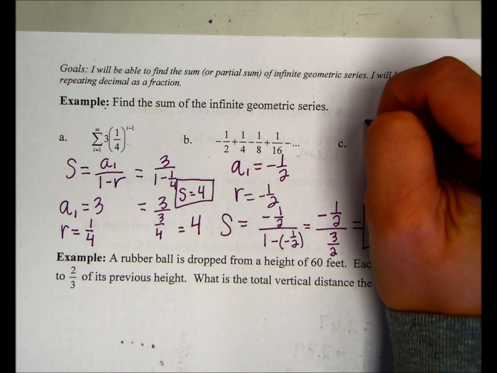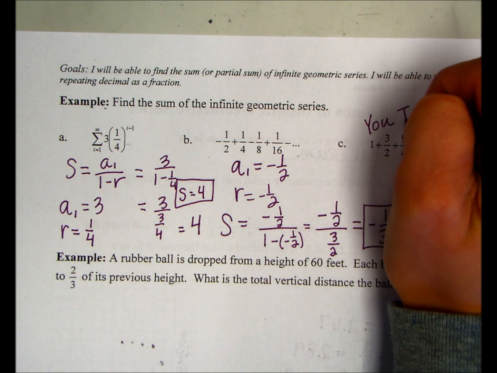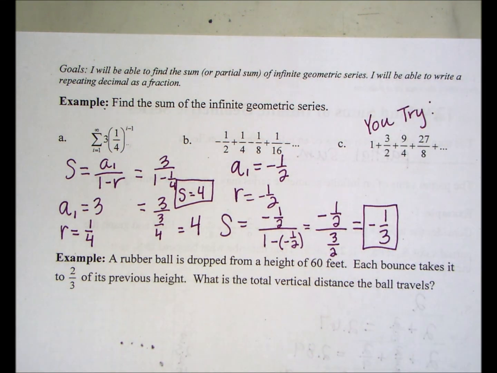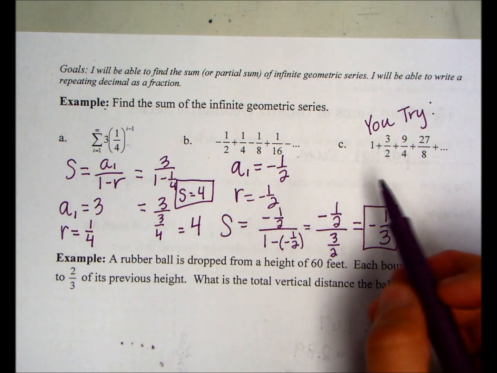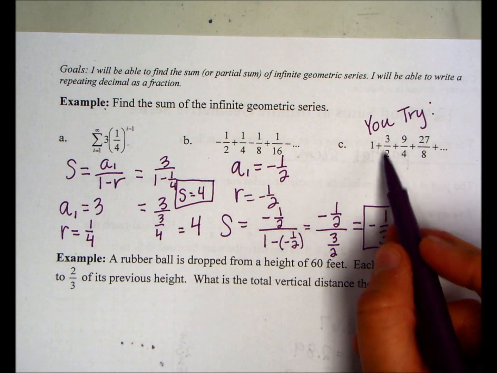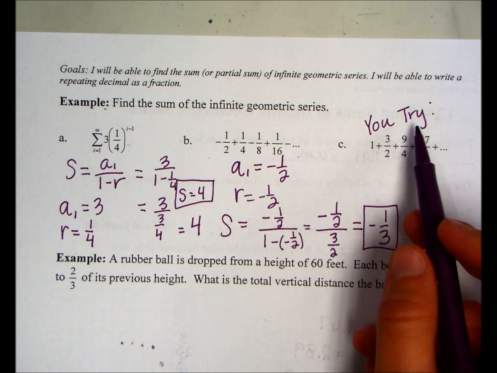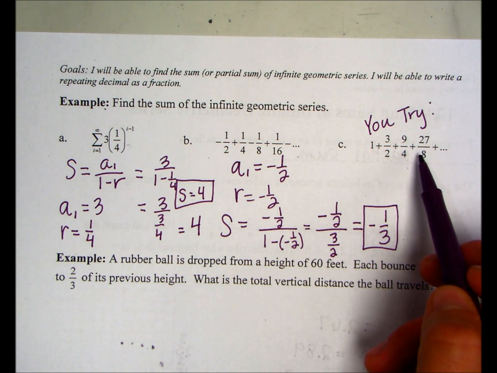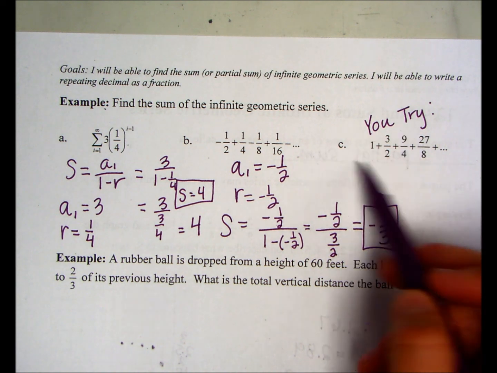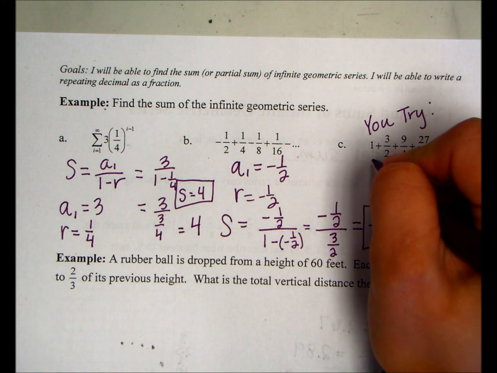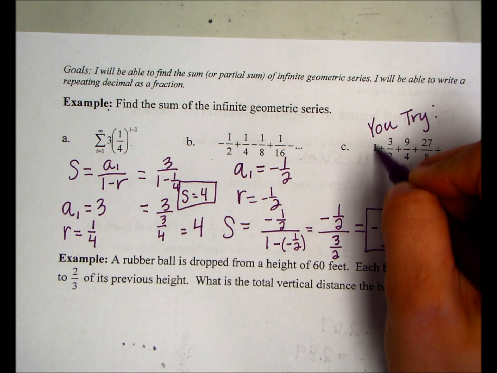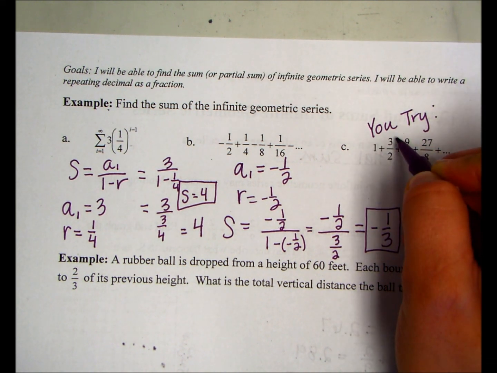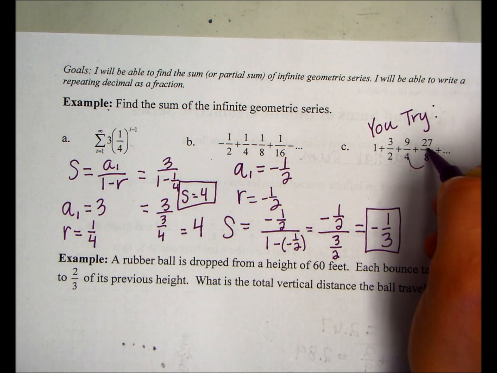I'm going to ask you to try C right now. So go ahead and pause the video. What you will realize here is to go from 1 to 3/2 then to 9/4 and then to 27/8, my r value here, let's look, I'm multiplying by 3/2, multiplying by 3/2, multiplying by 3/2.